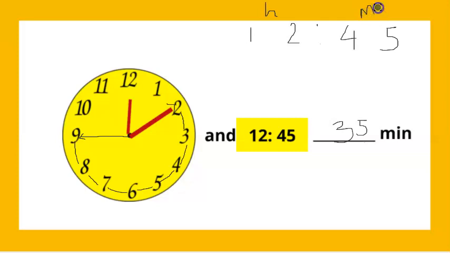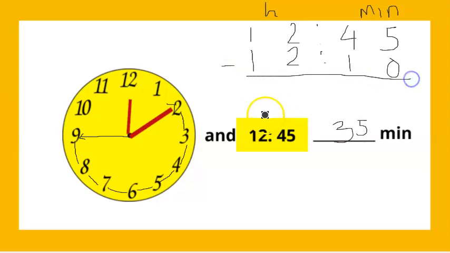And remember, 60 minutes makes 1 hour. So 12:45, which is this, and 12:10. So I'll write 12:10 here. And then I'll do my subtraction to know the difference in minutes between them.